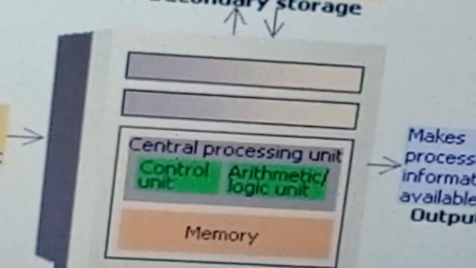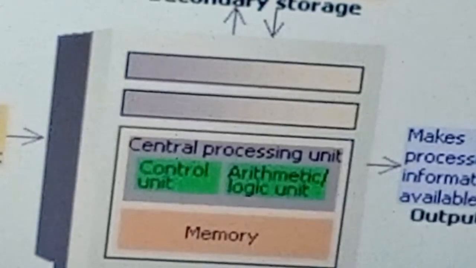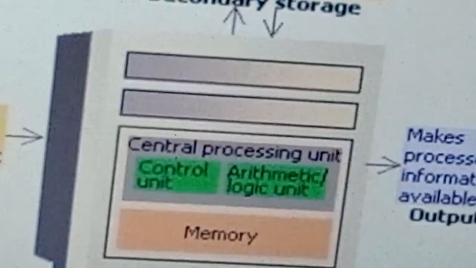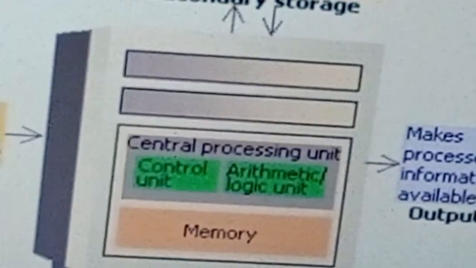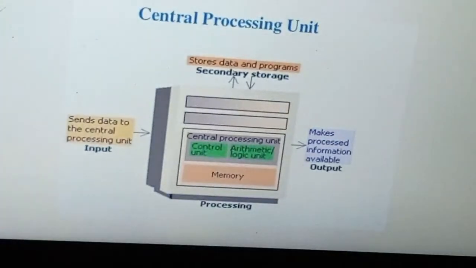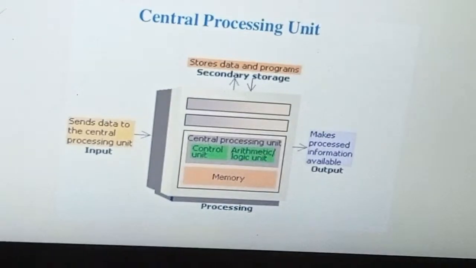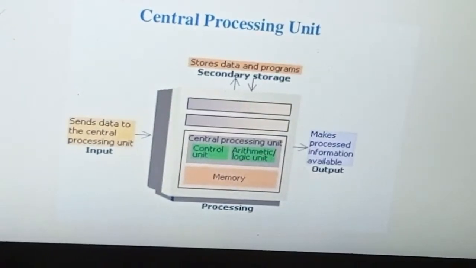In computer terms, it is a point of connection available for peripherals, input and output. For connecting these input devices and output devices to our CPU, we need ports and connections.